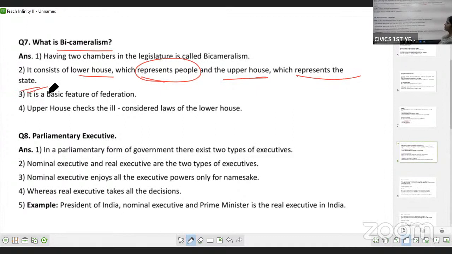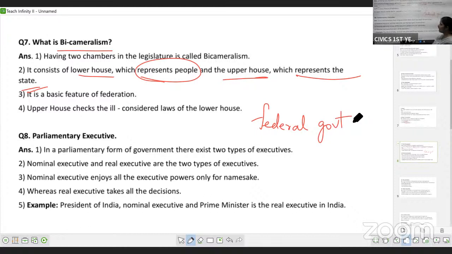There is representation of states, and you will find this type of legislature in federation. That is in federal government, in countries where you have two governments, central and the state government, there you will have bicameral legislature. So what happens?